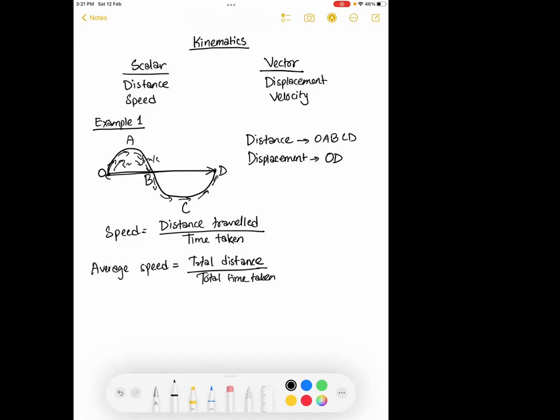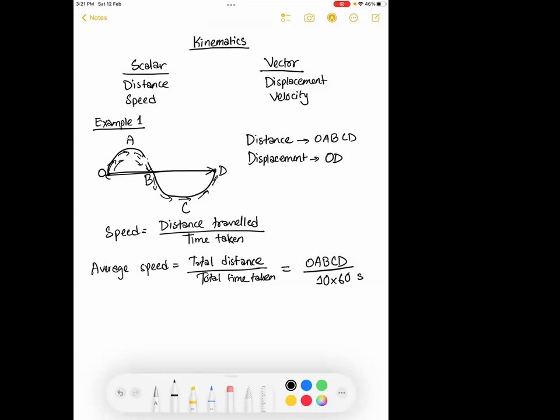So it's changing, but you need to find the average speed, so you simply take the total distance divided by the total time taken. That means in this case, we would have O, A, B, C, D divided by, for example, let's say it took them 10 minutes. So you have to put 10 times 60 seconds.